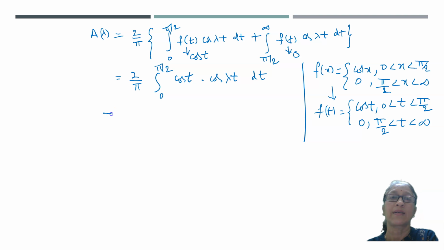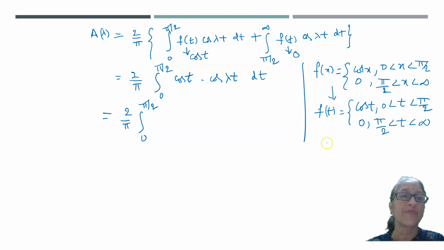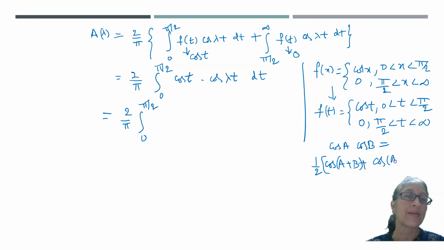To evaluate this, first we have to apply the cos A cos B formula. cos A cos B equals 1 by 2 into cos(A plus B) plus cos(A minus B). So apply this formula first.